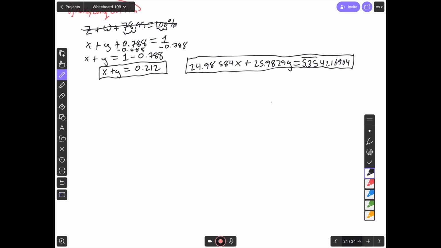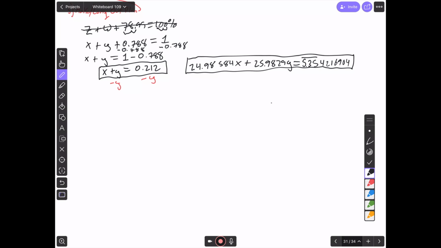You only want to pick one of the equations to do that with, but you want to pick the easiest one. It'd be a lot harder to get x by itself or y by itself in this equation. It's really easy to do that in this equation. So let's get x or y by itself in this equation. I like to make x by itself, because I like x. So in order to do that, I'm going to subtract y from both sides.